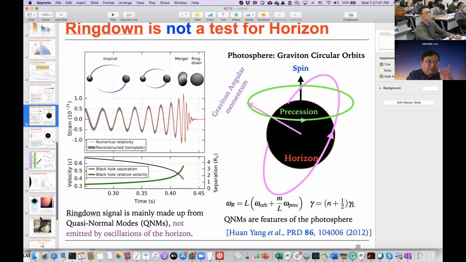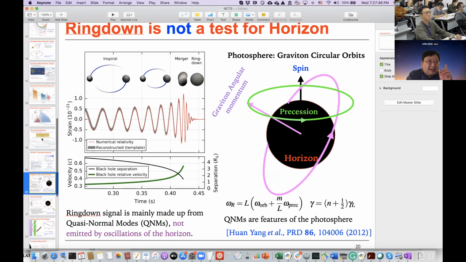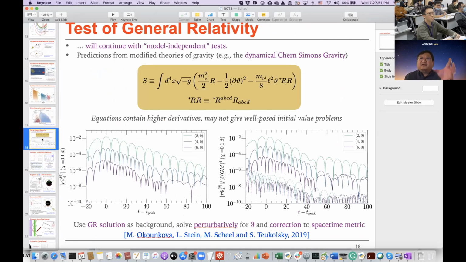But in the Chern-Simons case, there's a break of that isospectrality. So basically the ring down spectrum is different for electric type and magnetic type ring downs, and they are basically different polarization states of the ring down wave.